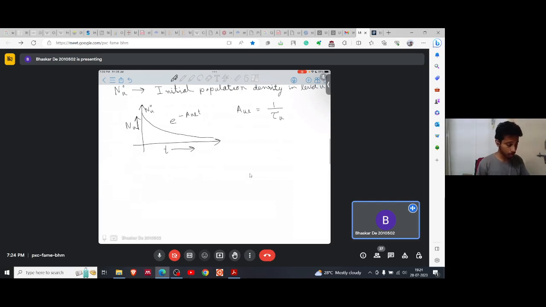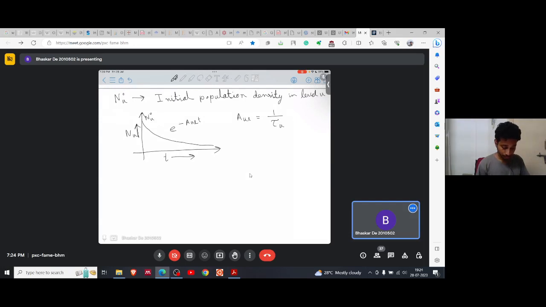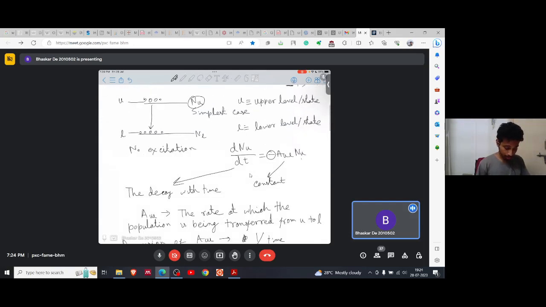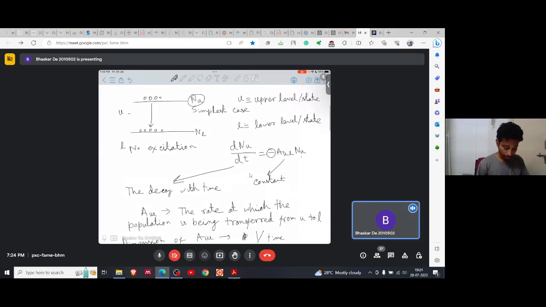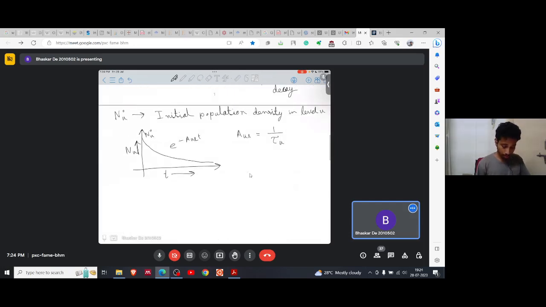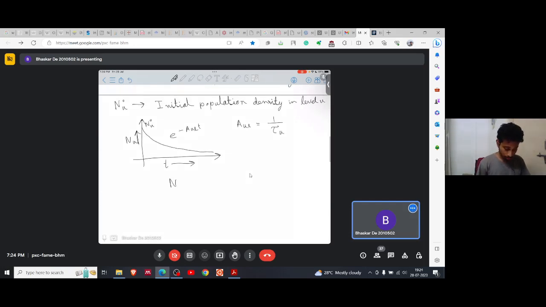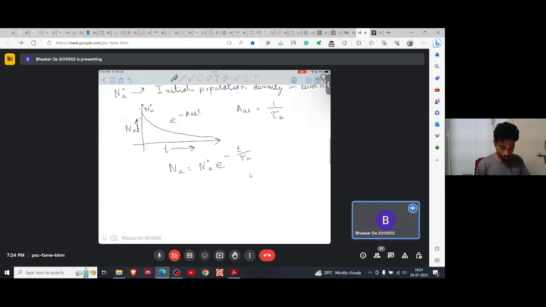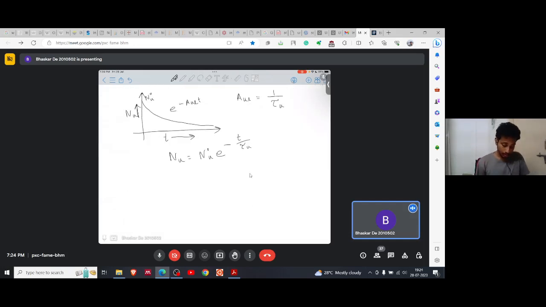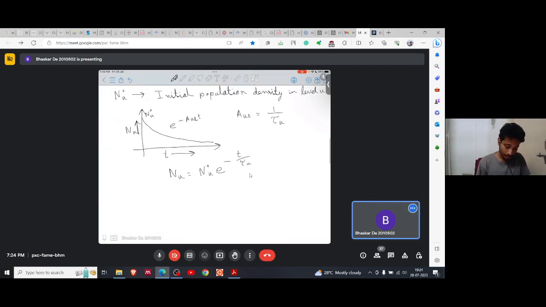So now this tau_u is the lifetime of this excited state. So by lifetime, what I want to say is, if I write this expression again in terms of tau, then it will be n_u equals n_0u exponential minus t by tau_u. Okay, now by lifetime, here this tau_u is the lifetime.